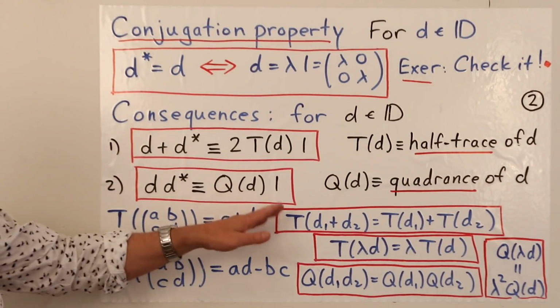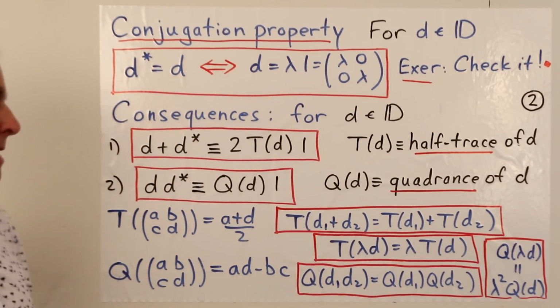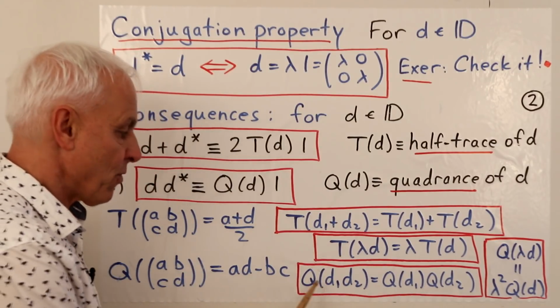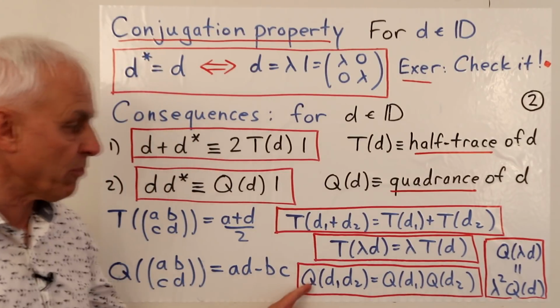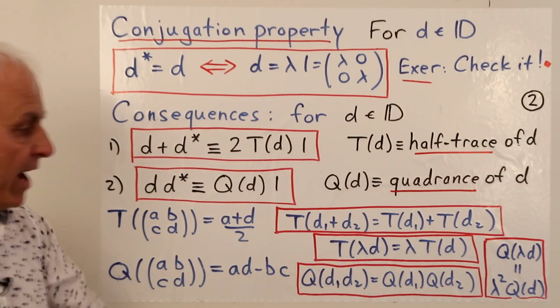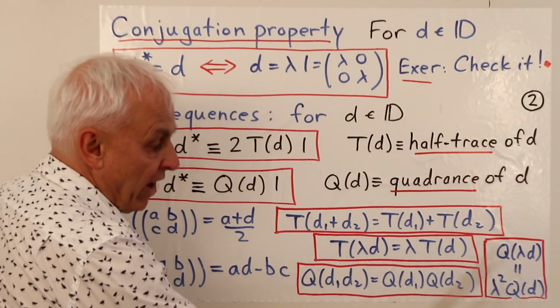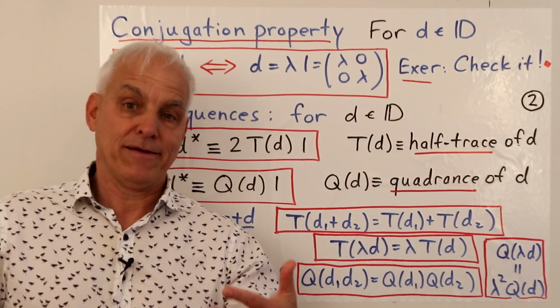And then we have some pleasant properties of the half trace. It's linear. And pleasant properties of the quadrance. It's multiplicative: Q of D1 D2 is Q of D1 times Q of D2, a crucial property. And it's also quadratic in the sense that if you multiply D by lambda, the lambda pulls out as a lambda squared. So it really is a quadratic expression.